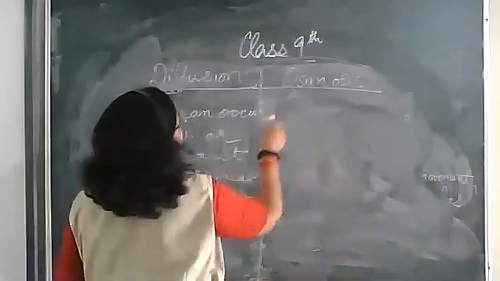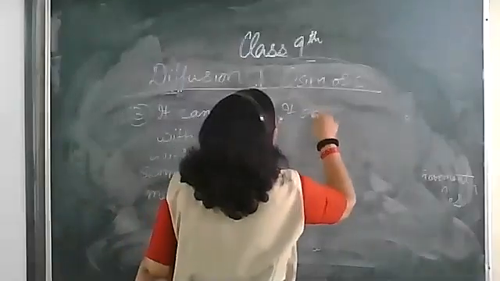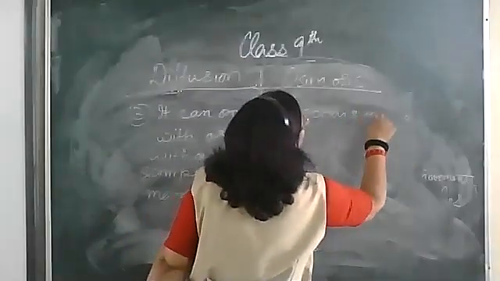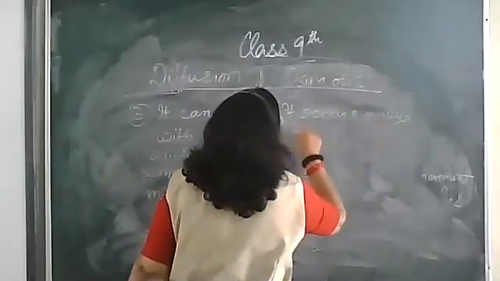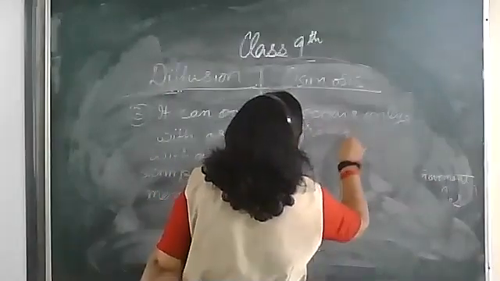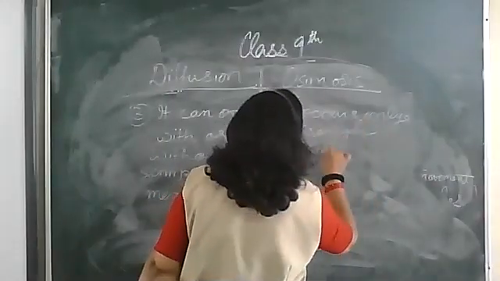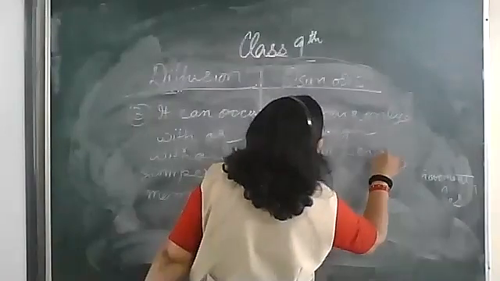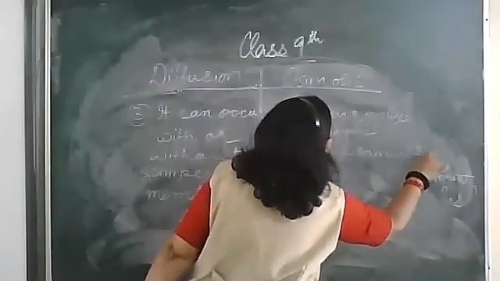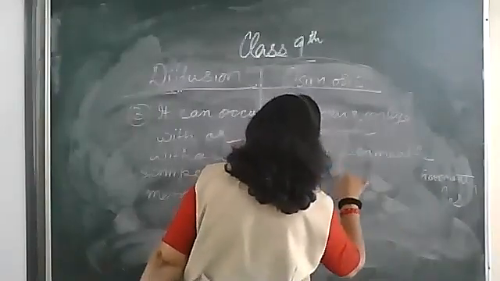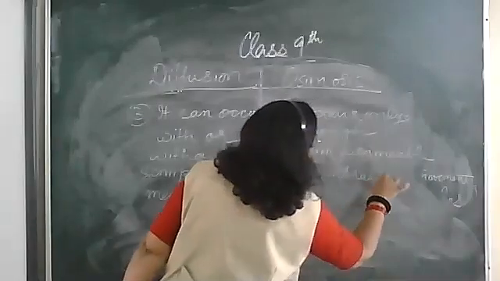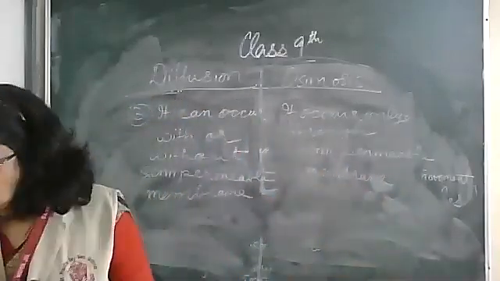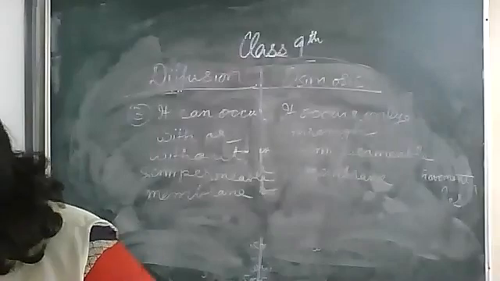Here, what will you write? Osmosis occurs only through a semi-permeable membrane. Got it? Write down, children, the third difference.